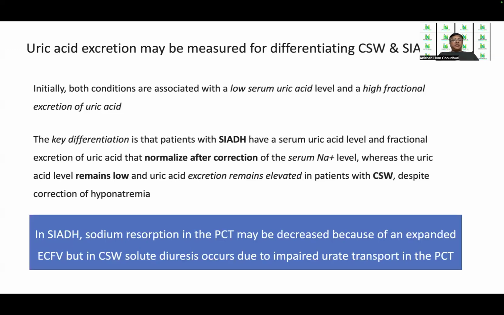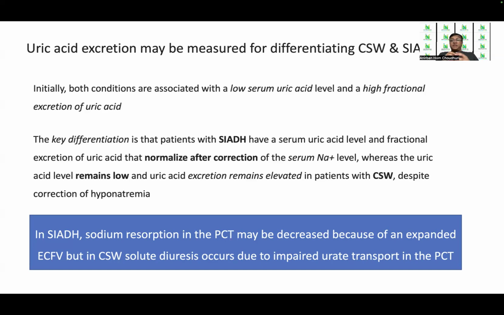And this is because in SIADH, the sodium reabsorption in the proximal tubules is decreased because of an expanded extracellular fluid volume. But in cerebral salt wasting, solute diuresis occurs because of impaired urate transport in the proximal tubules.